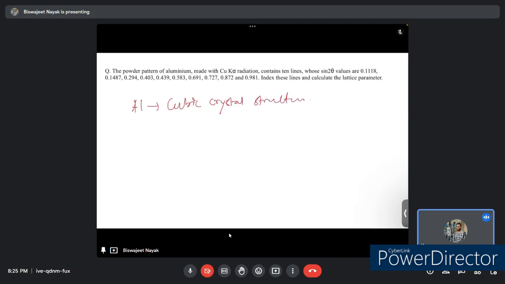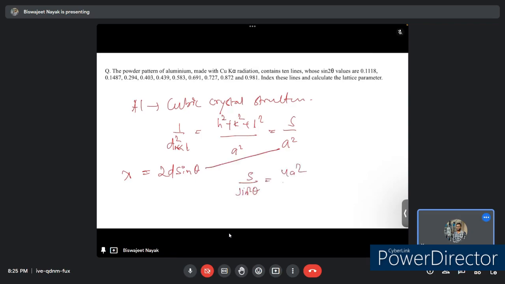And for a cubic structure, d square hkl is given by a square by h square plus k square plus l square. From Bragg's law for first order, lambda equals 2d sin theta. From these two equations we can say S by sin square theta equals 4a square by lambda square.